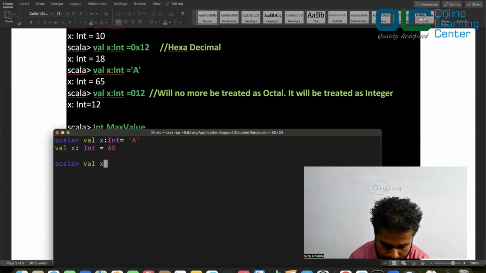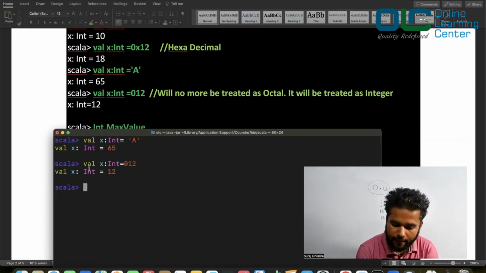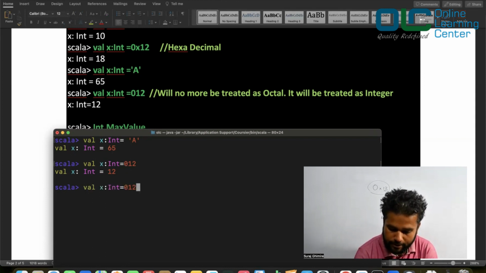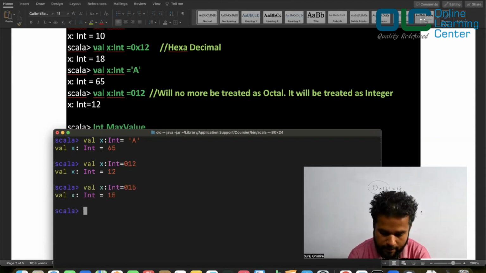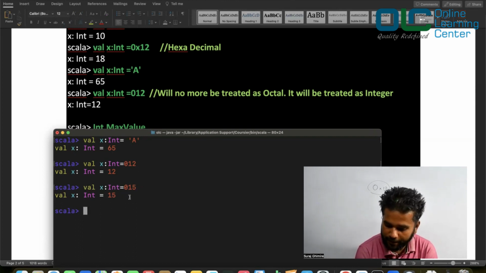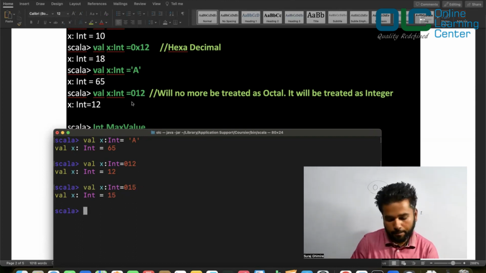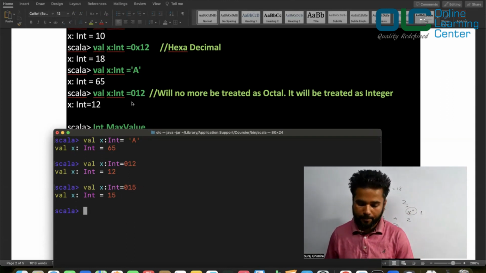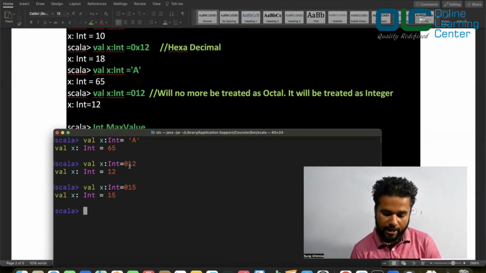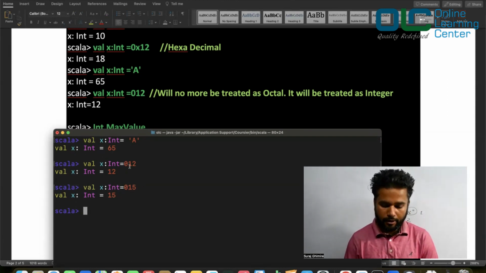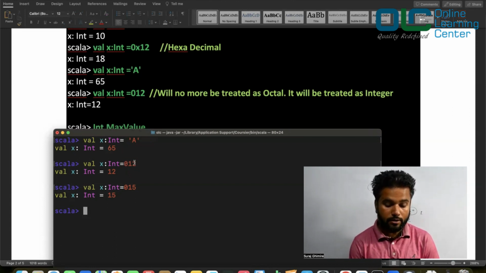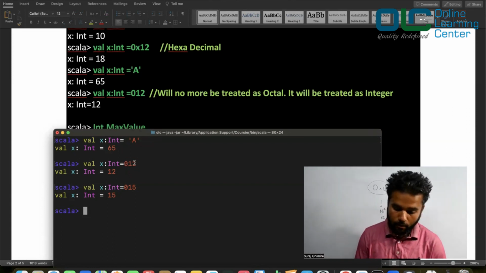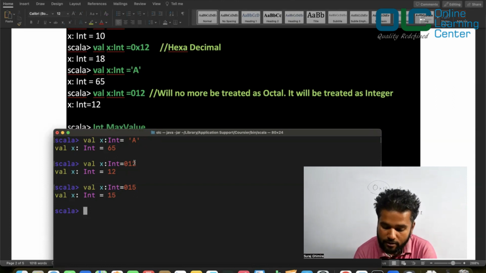Now let's try something like this. Val x of int is equal to 012. It is 12. Let's say 015, it is 15. In the previous versions of Scala, when you used to write 012, it used to treat this as octal, but now it does not treat it as octal anymore.